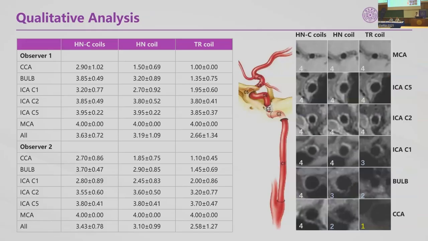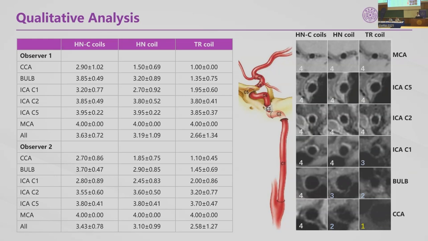Then we selected 6 locations of blood vessels and scored their vascular delineation ability. All the images were independently reviewed by 2 experienced observers, and the delineation ability decreased from good to poor as the scores go from 4 to 1.